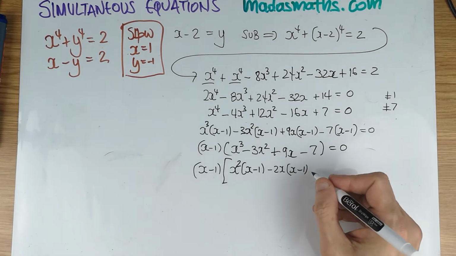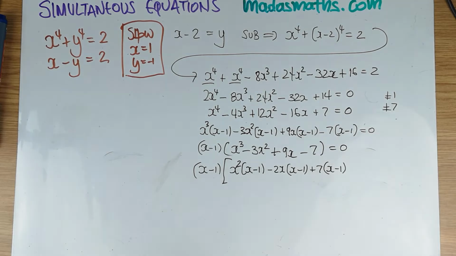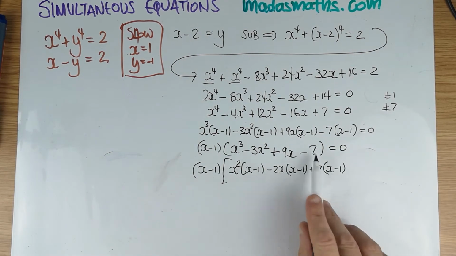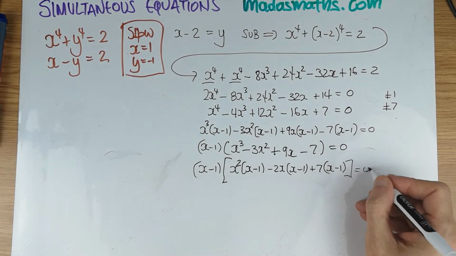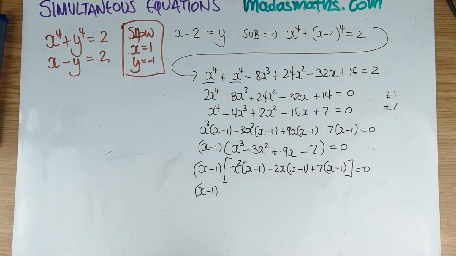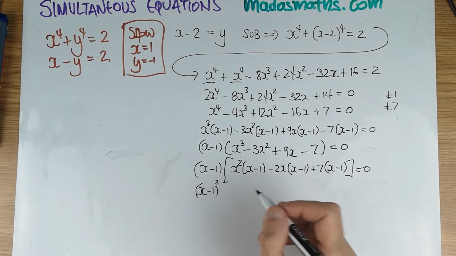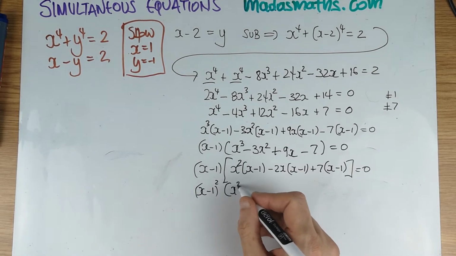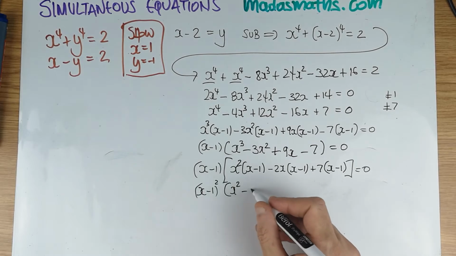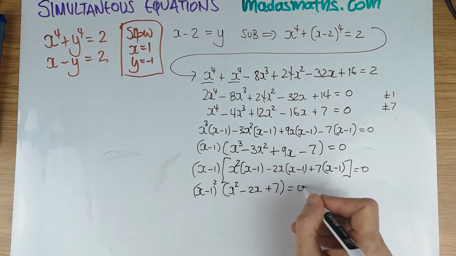I need 9x, so I need another 7x. And of course, there's my 7x, and the minus 7 balances. So now I can factorize this bracket from all three terms. So it's going to be x minus 1 all squared, x squared minus 2x plus 7 is equal to 0.